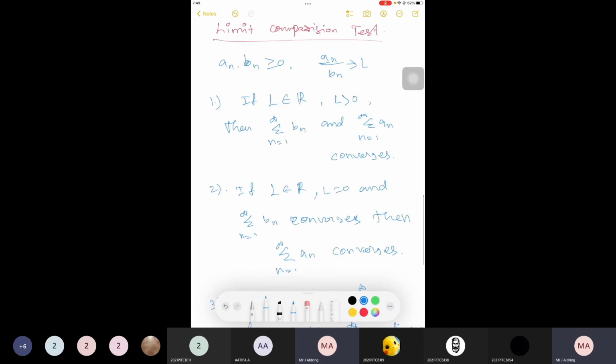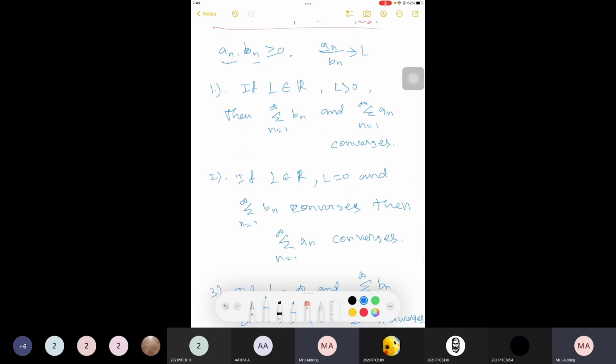Suppose you consider a_n and b_n as series. Then suppose a_n divided by b_n tends to L, it may be any number.